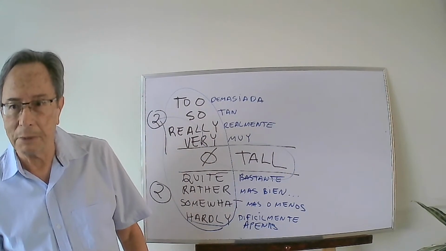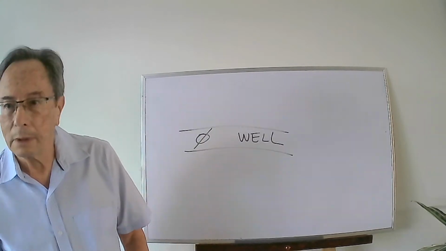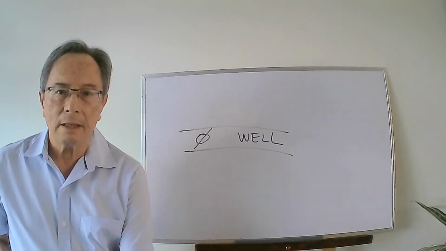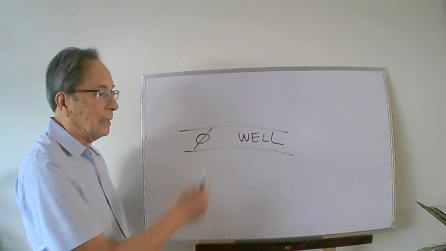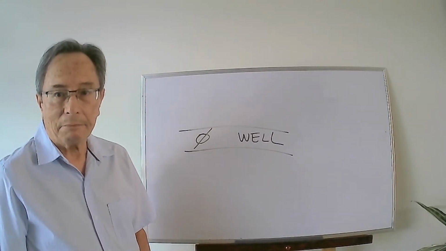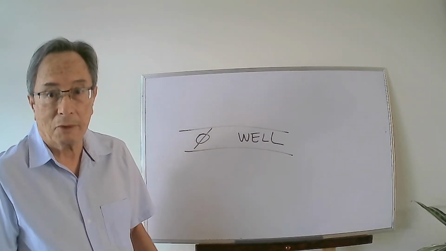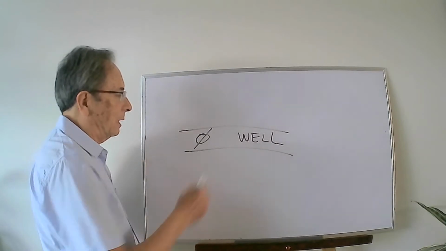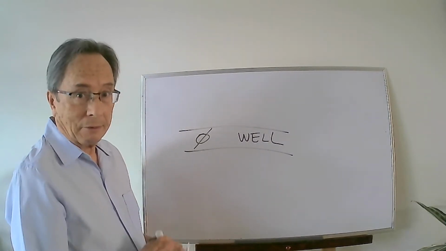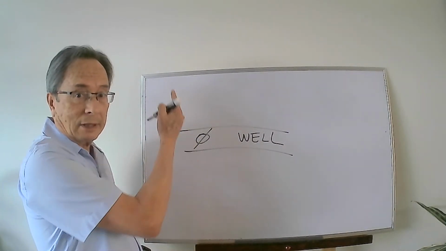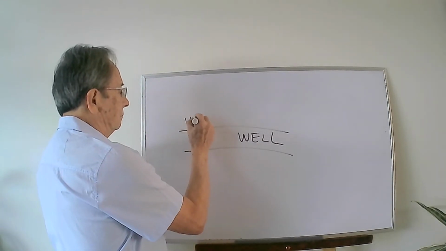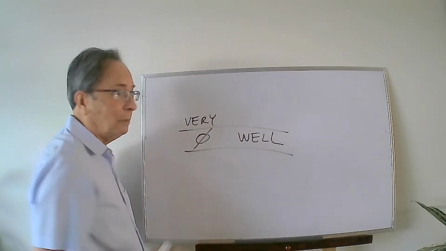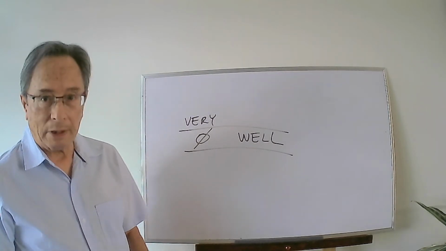Okay, another example, otro ejemplo. Okay, exercise, ejercicio, okay. Here we have well es bien, okay, bien. Es un adverbio, como se hacen las cosas, bien. Okay, so well. Now we have, okay, your homework. Ejercicio hacia arriba, muy bien, very well.